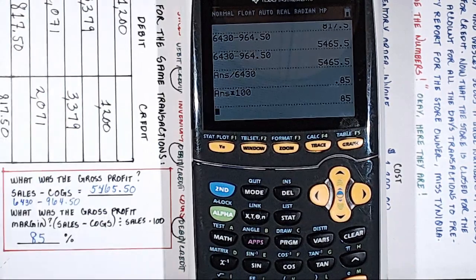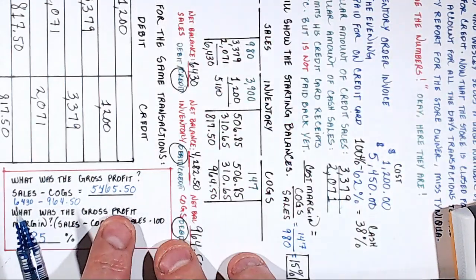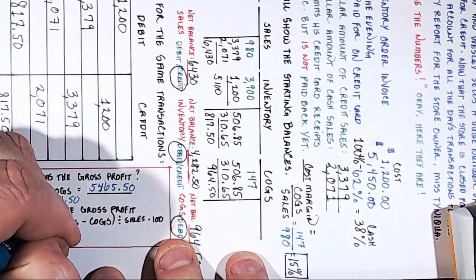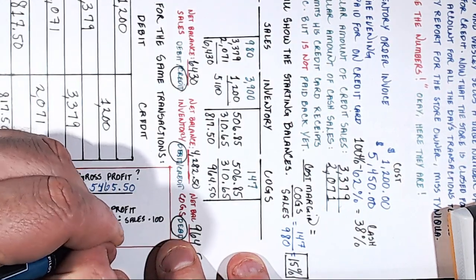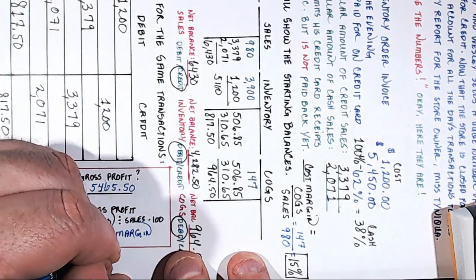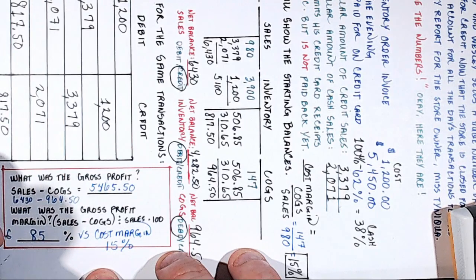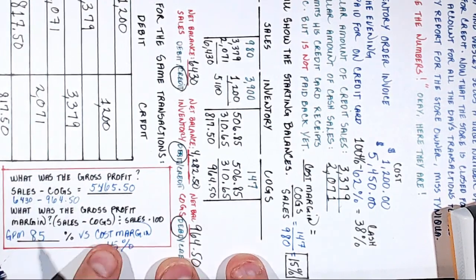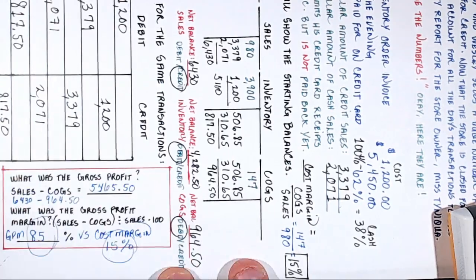And this is what we would expect, because this is the profit margin, versus the cost margin, which was 15%. And these things are always going to add up to 100. So 85 plus 15 is 100. So this is the gross profit margin, and this is the cost margin. All right, so those are going to add up to 100.